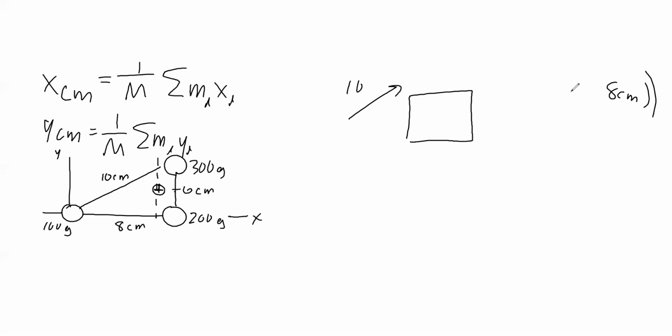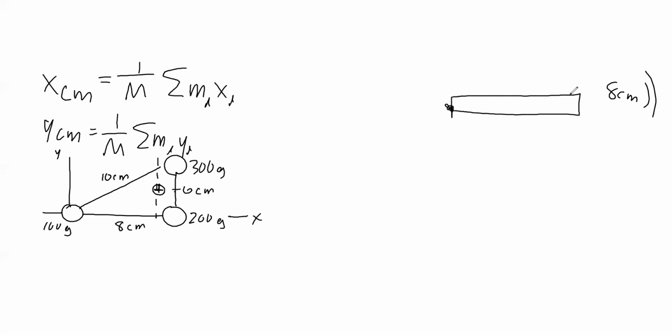Because if you start applying a force to an object, how it responds by rotating will be different for each force. Simple example, take a door. The door has its hinge, hopefully on the far edge. If I apply a force on the far other side, it'll respond by rotating. If I apply a force right here, your intuition tells you it's going to be a lot harder to open that door.